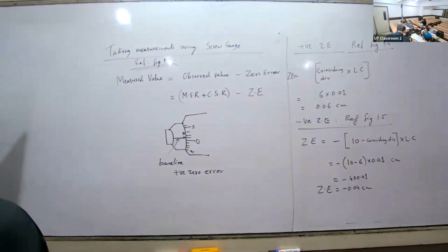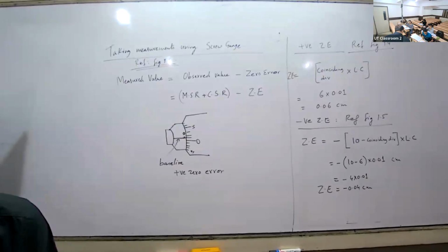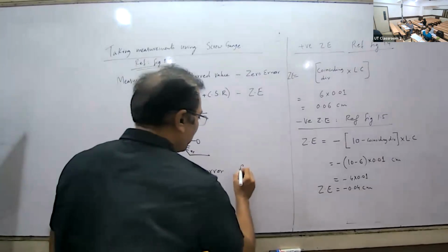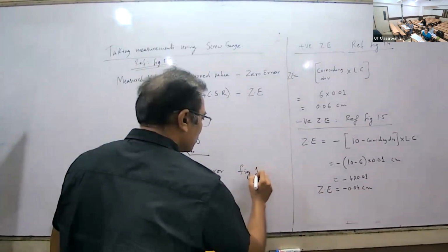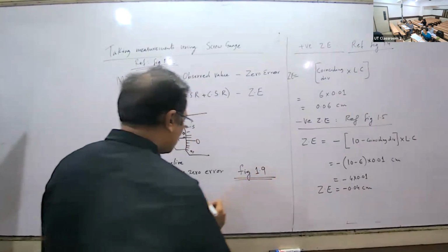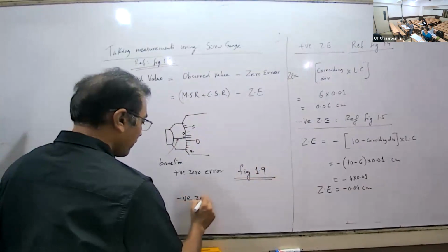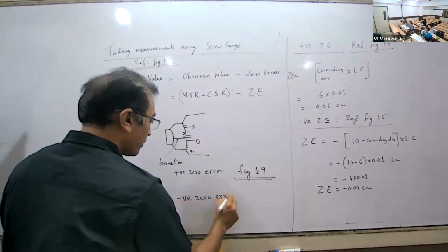So you can see figure 1.9, just check. This is for positive zero error, and for negative zero error this zero will come above the baseline.